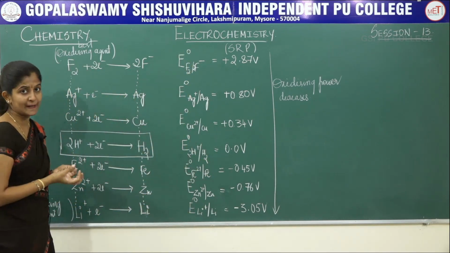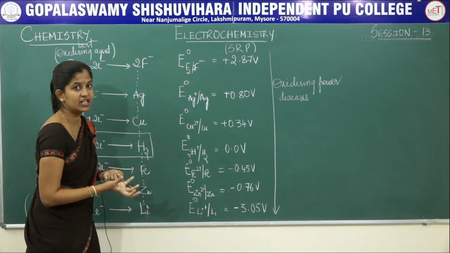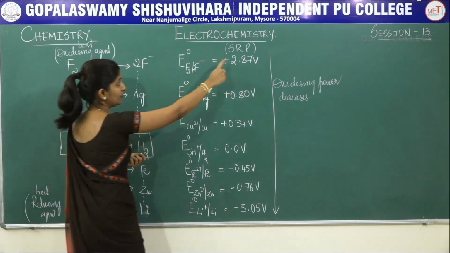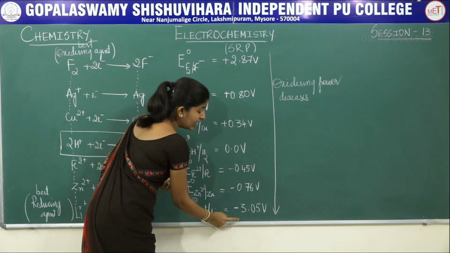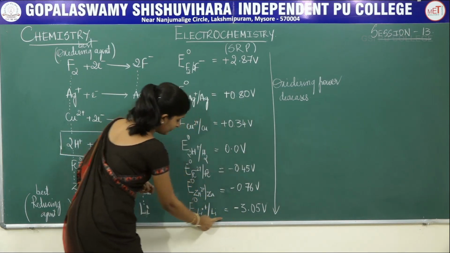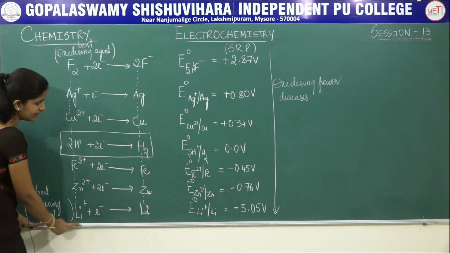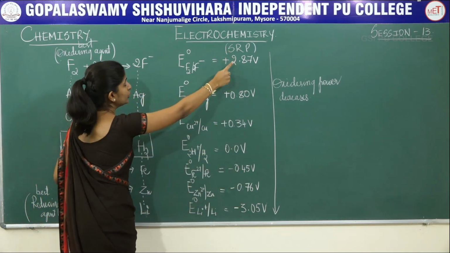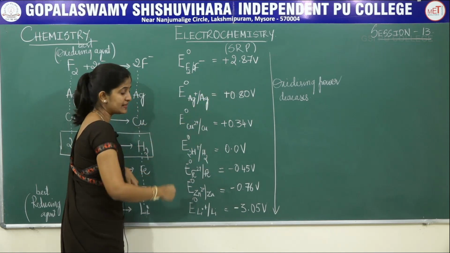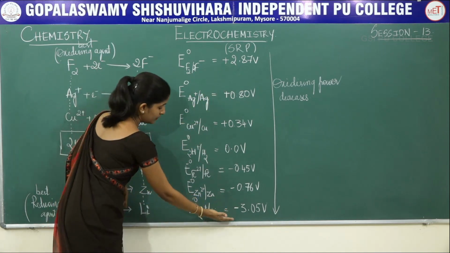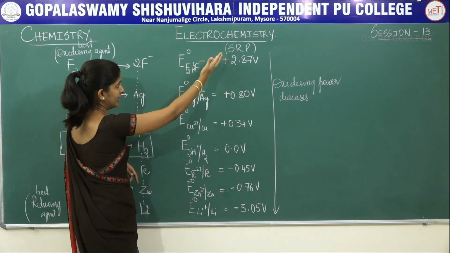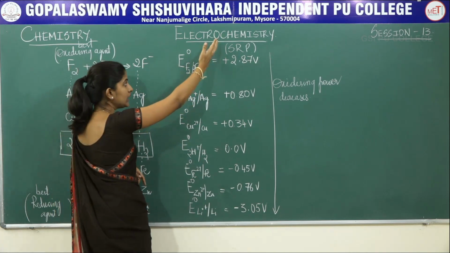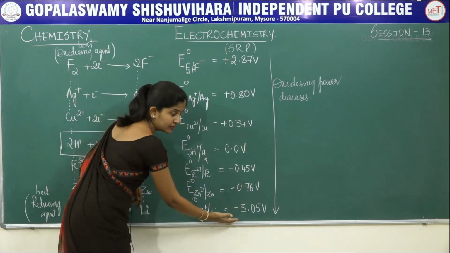Reducing agents are those whose SRP, standard reduction potential, is highly negative. So this is your best reducing agent, which means that its value is highly negative. If you move toward fluorine, it becomes positive, which means that reducing power decreases from lithium to fluorine, or I can call it reducing power increases from fluorine to lithium.